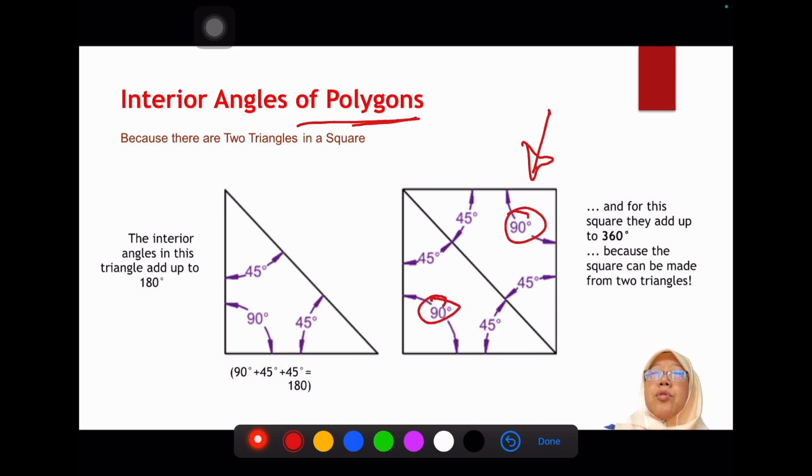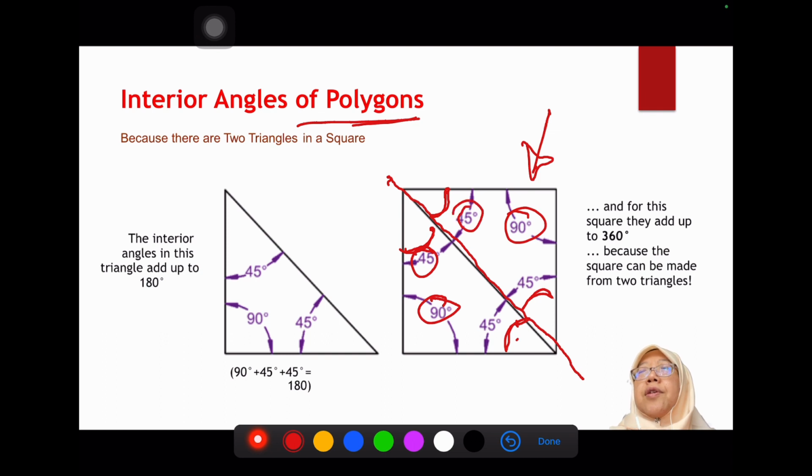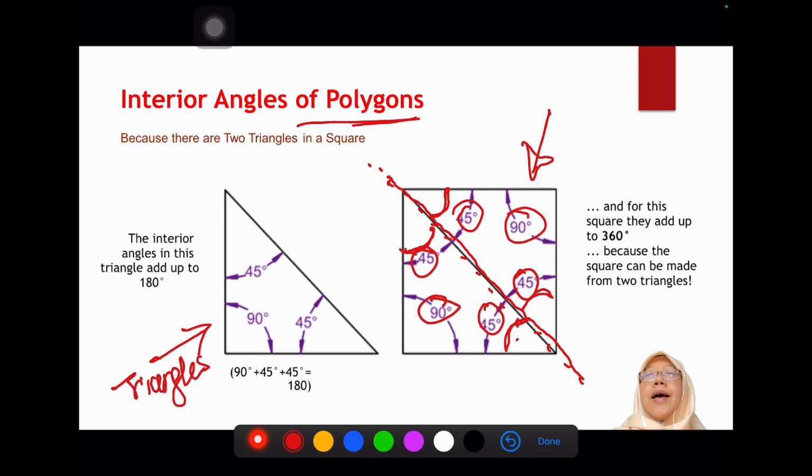Then ask them to draw this line, and measure the angles here. Are they really 45 degrees? Then ask them to cut, and then they have a triangle. So triangles, like right angle triangles, you can make from a square.